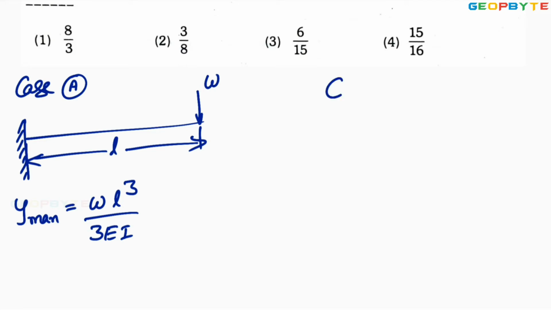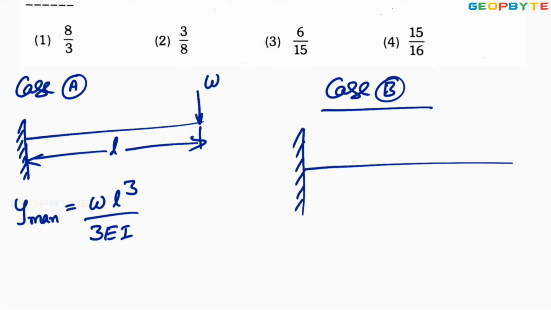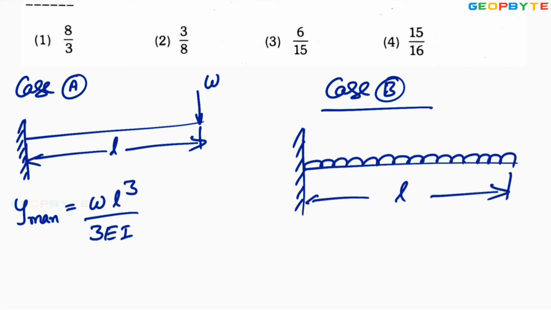But in the case B, it is given that the cantilever beam of the same length, the load is uniformly distributed. Now the UDL may be w.